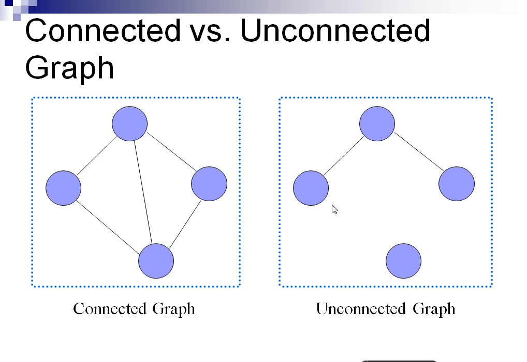Whereas in case of unconnected graph, you can see all of the nodes are present in the graph but they are not connected. See here, this particular node doesn't have any edge towards other node. So this is an example of unconnected graph.